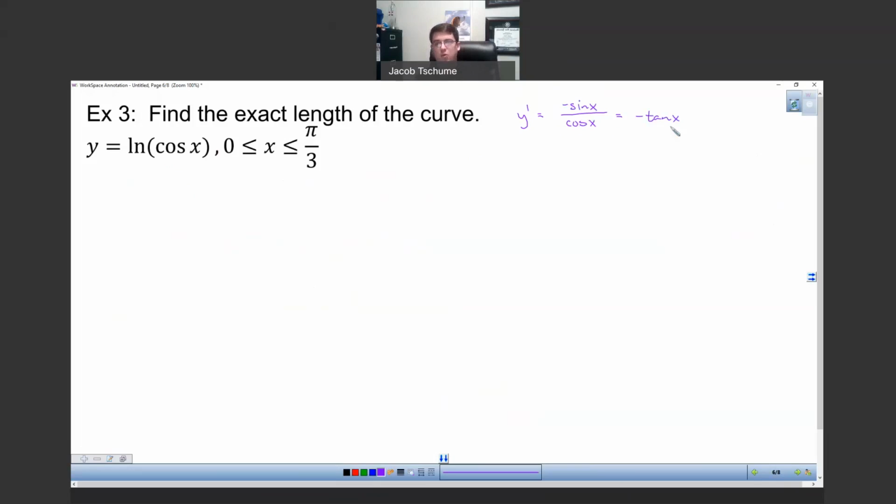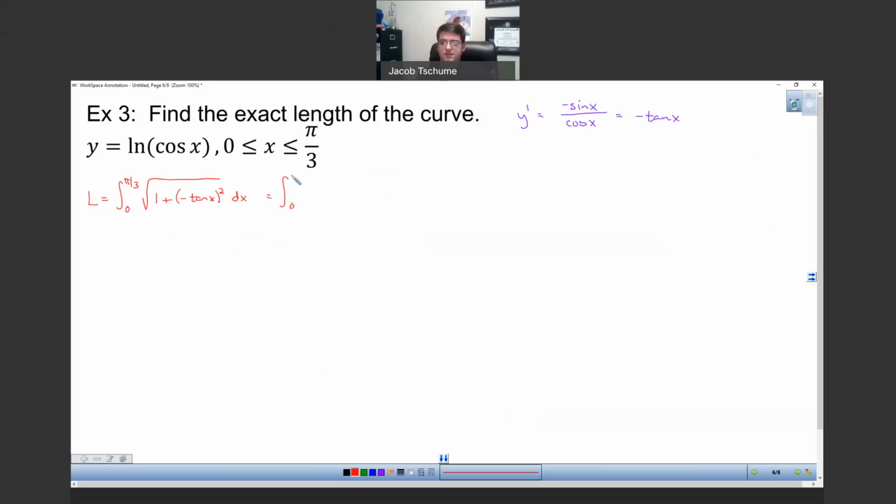That is what I will plug into my length of a curve formula. So when I set up that formula, we will integrate from 0 to pi over 3 of the square root of 1 plus, and I'm going to take negative tangent of x, square that, and we'll integrate this with respect to x.